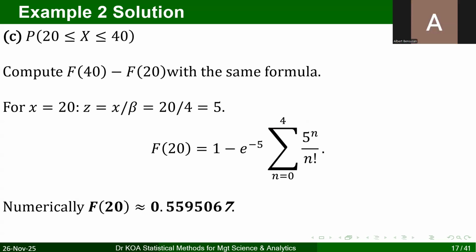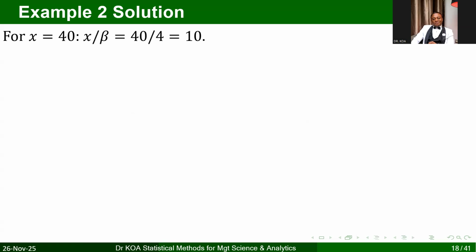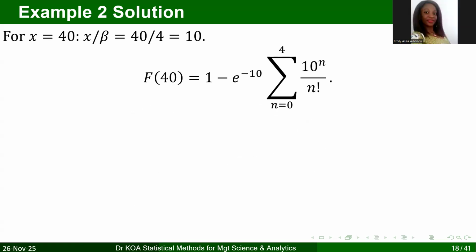Yeah, it's showing on your screen. What about for 40? Okay, I'm working on that one. Is it your finite sample summation that you are struggling with? It's taking long. Let's move on. I mean, you can do it. That's the most important thing. Very good. So when you do the 40, you get 10 for the Z.